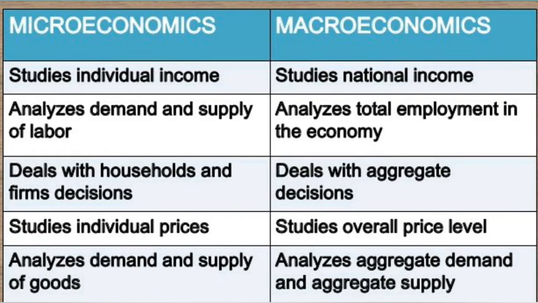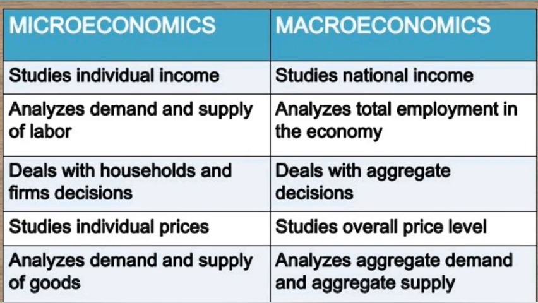If you see the differences between microeconomics and macroeconomics, microeconomics deals with an individual market, whereas macroeconomics deals with the whole economy. In microeconomics we see the effect on the price of goods, and under macroeconomics it's all about the inflation of the price level.